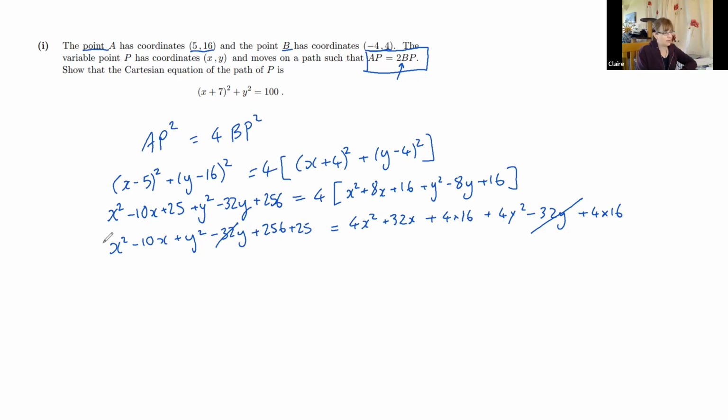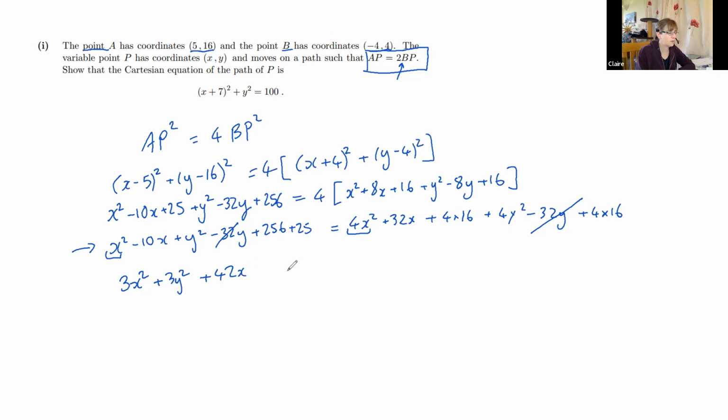So I might be able to use that to help me. I'm going to take all of these parts here and take them over to the other side. And then I'm also going to swap sides. So I'm going to have 4x squared minus x squared gives me 3x squared. I've got 4y squared minus y squared is 3y squared. I've got 32x plus 10x, so I've got 42x.